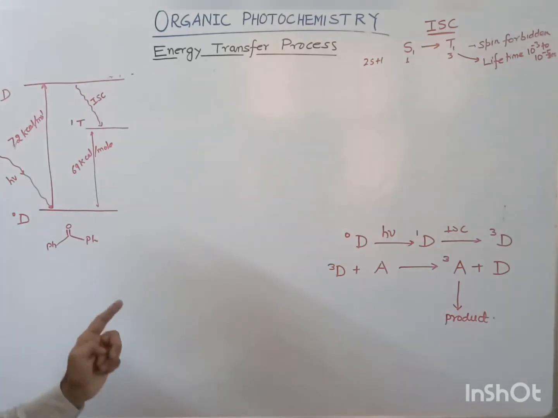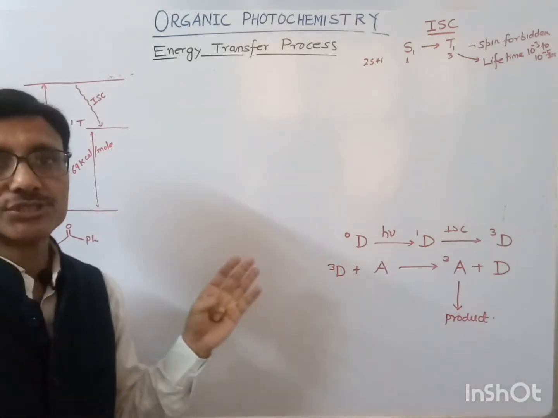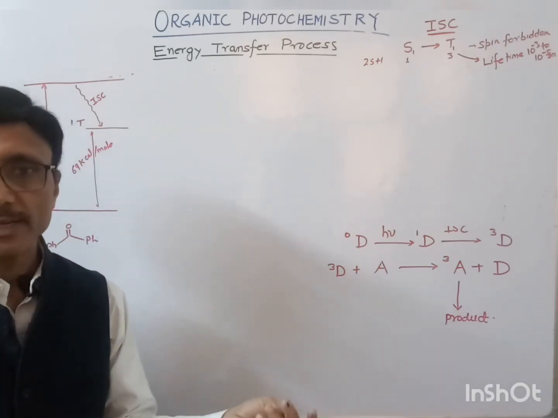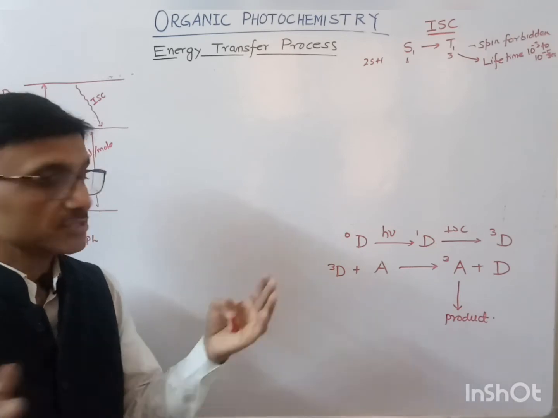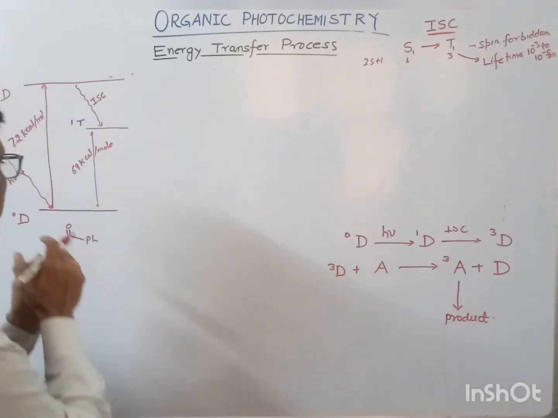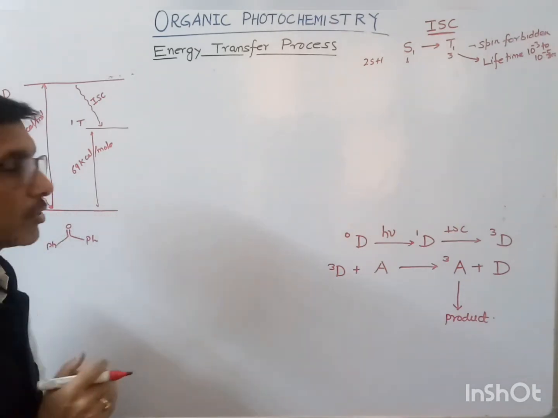But we need the photochemical reaction in an olefin compound, that is butadiene, and in butadiene the intersystem crossing is not efficient, so the reaction cannot take place via the triplet state. We need this donor molecule.